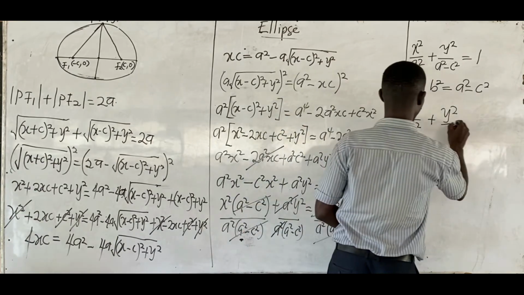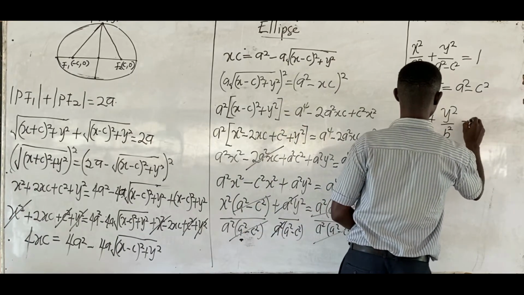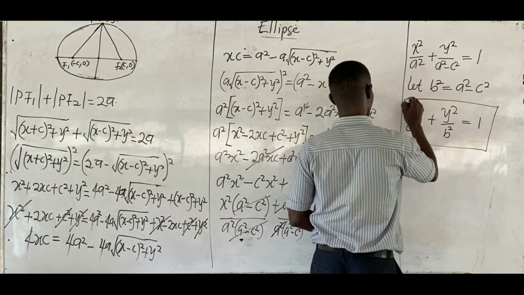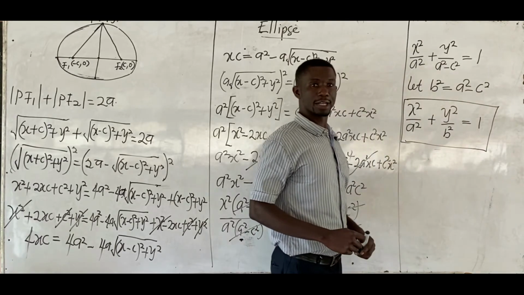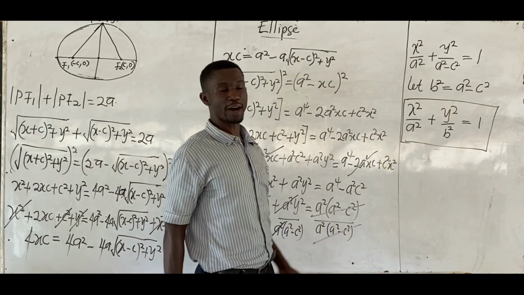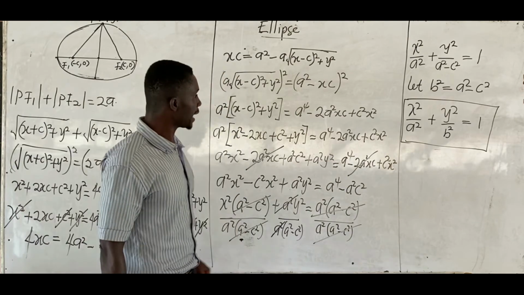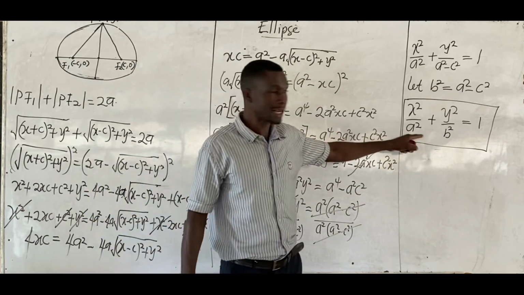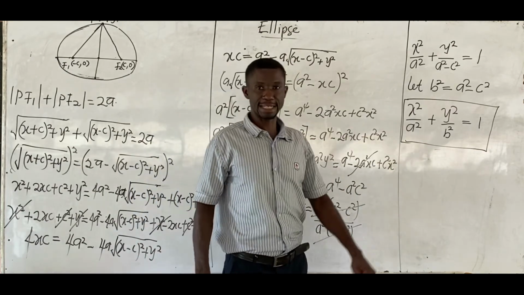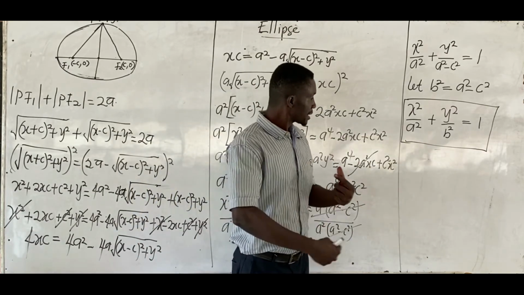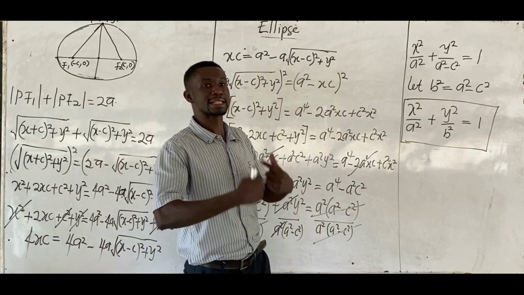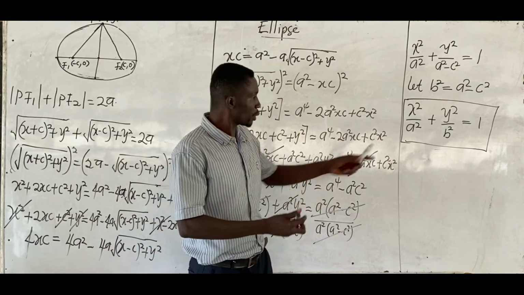And this one is the formula for the equation of an ellipse with the center at the origin. This is the equation that you need to know. And we shall apply this. And subsequently, we shall deal with an ellipse without the center being at the origin. So this one, the center is at the origin.